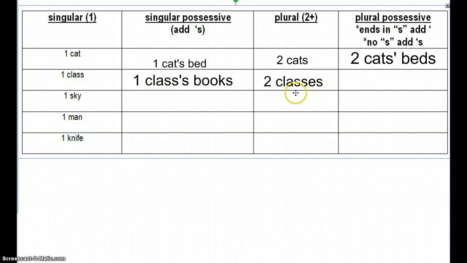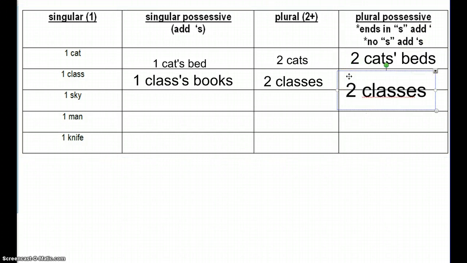This works with words like taxes, a lot of words that end in s or x, and there are some other letters that you could memorize, but I always think a good rule of thumb is if it changes in syllables, then you're going to need to add the es. So now I want to talk about my two classes' books, so I've got to go up to my rule. It says, I look at my plural form. If it already ends in s, I add an apostrophe. And it does. So if I want to talk about my two classes and their books, that's how it would look. Two classes' books.